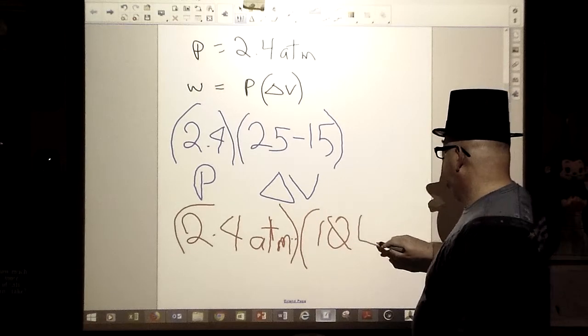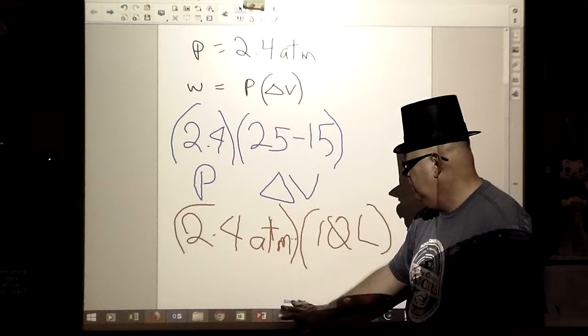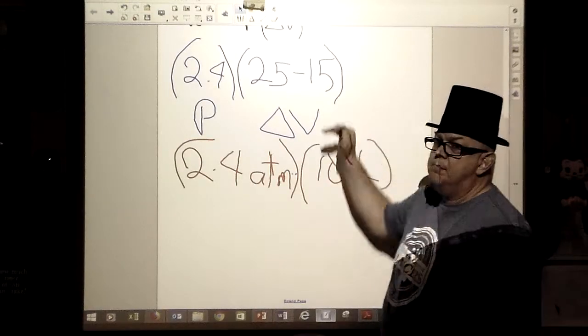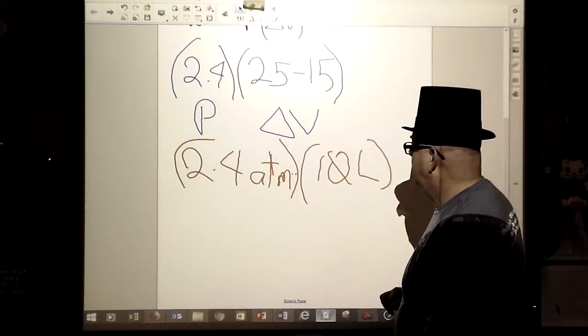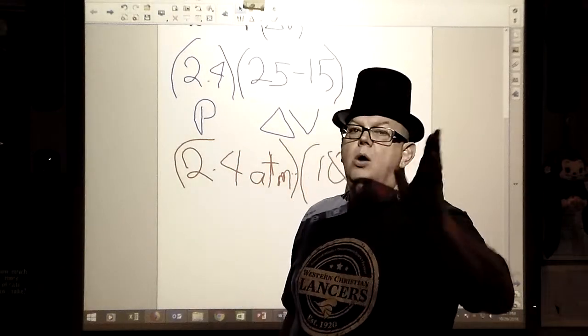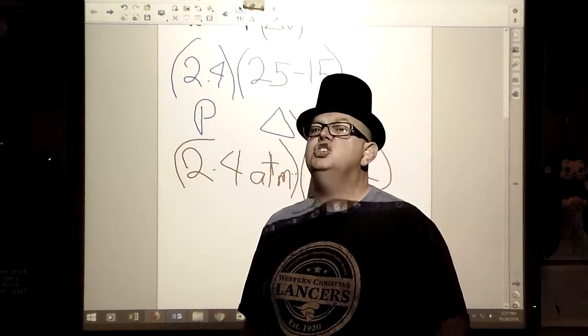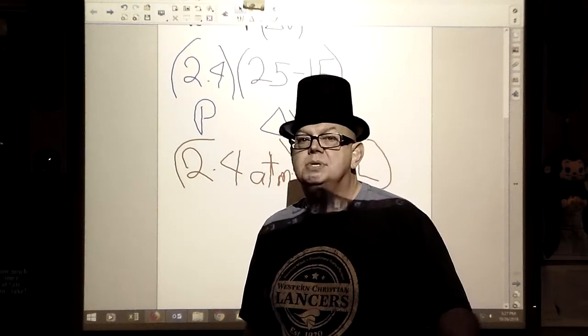That would be 10 liters. Okay? So I'm showing you step by step how to do this. Now some people may be saying, come on, this is easy. When you learn how to do more complicated problems, it's good to show your steps.